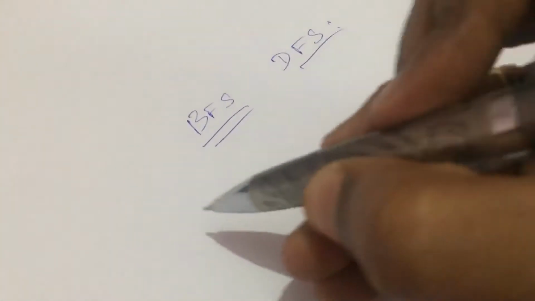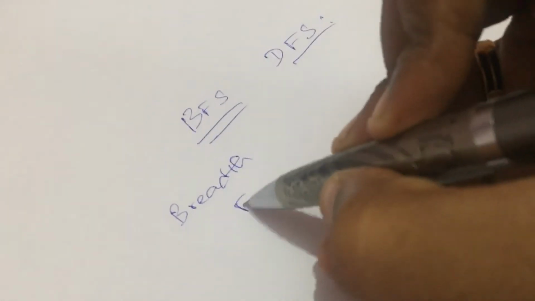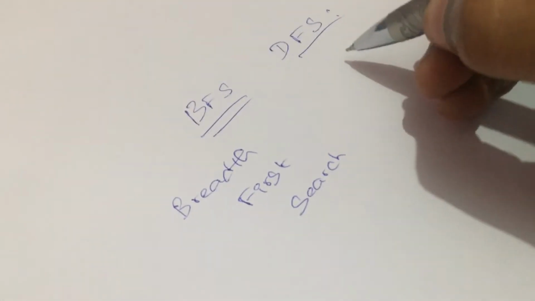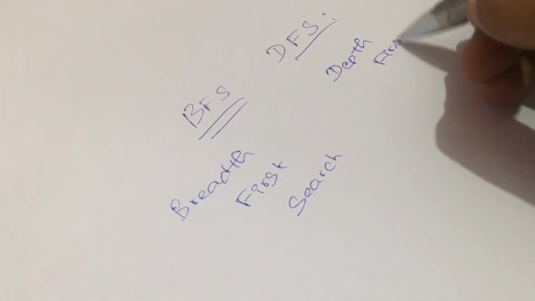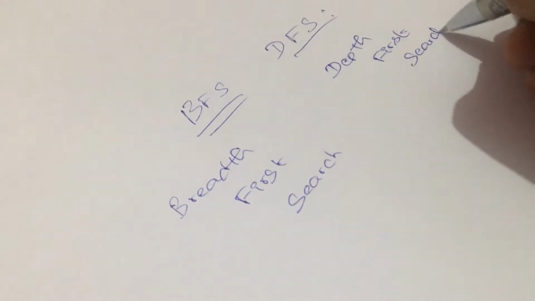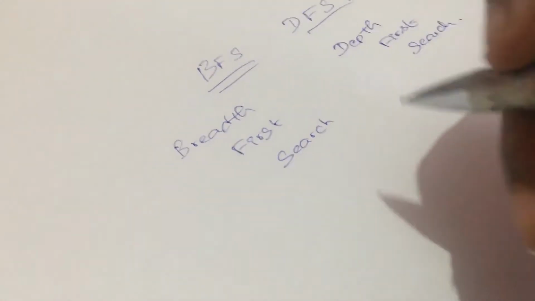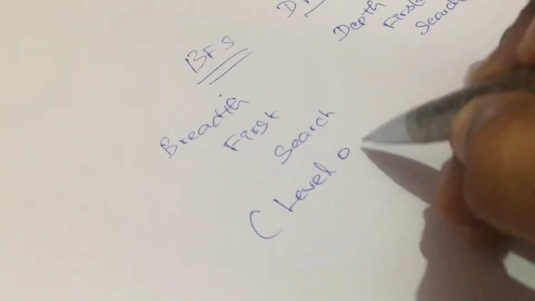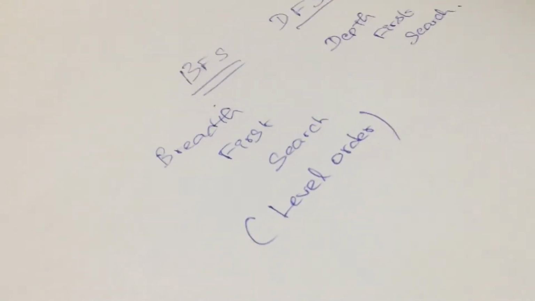BFS is nothing but breadth first search, and DFS is nothing but depth first search. Here BFS is also called by an alternative name, level order traversal technique.